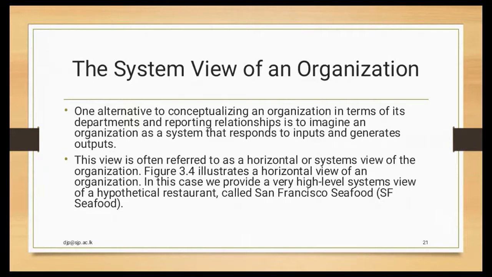So when we're having this system view of the organization, and again, when we come to the functional orientation of the organization, what happens is, do you have any information regarding your input? Do you have any information regarding your production process? Do you have any information regarding your output or the relationship among your stakeholders?